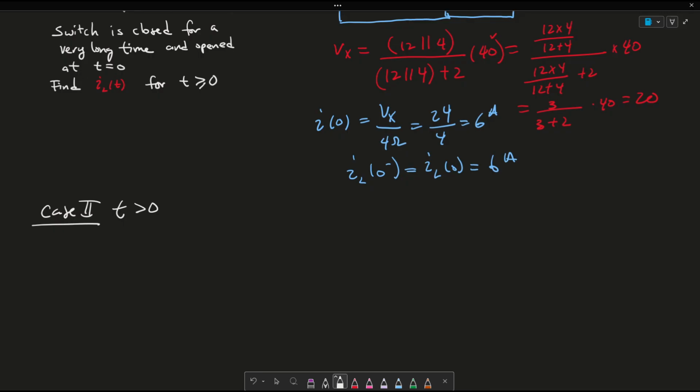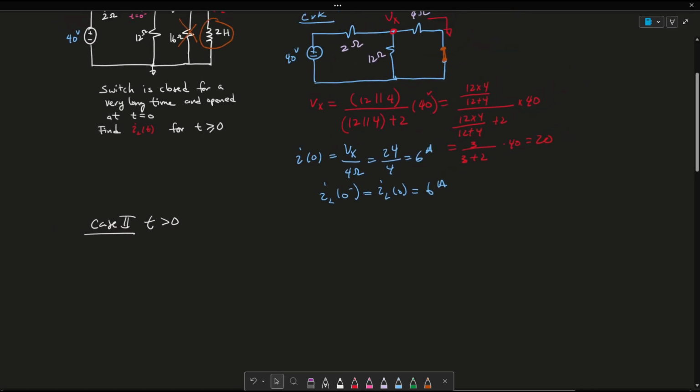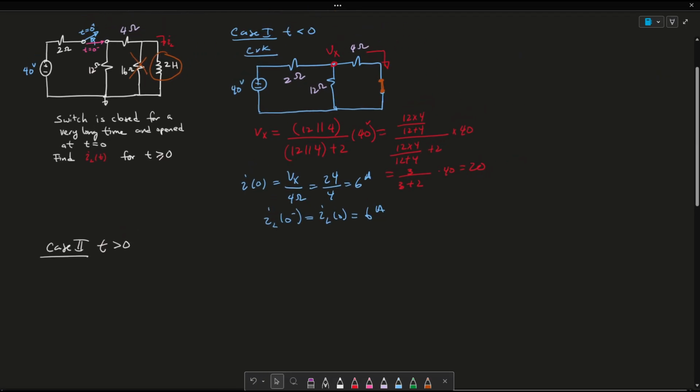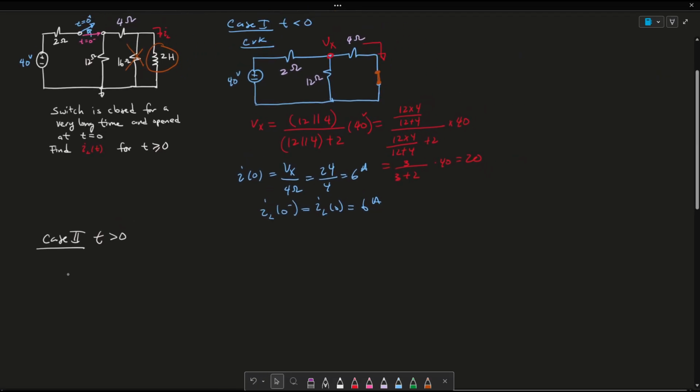Essentially, our circuit looks like this, let me zoom out so we can see it: this 12 ohm resistor goes into this 4 ohm resistor, goes into this 16 ohm resistor. And my inductor now acts like a battery and discharges its charged up magnetic field to the load of the circuit.